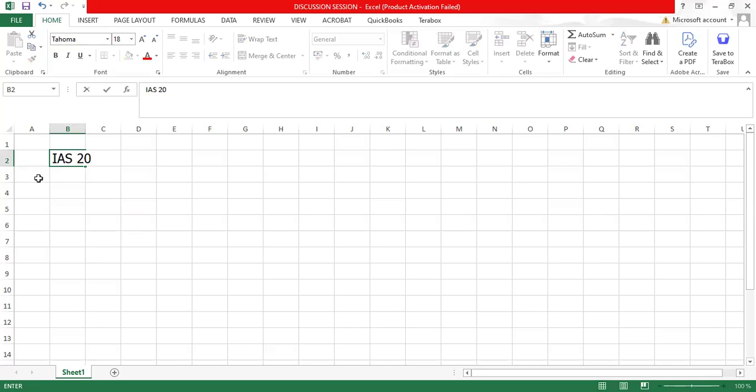IAS 20. It's good to know whether we have a conditional grant or an unconditional grant.